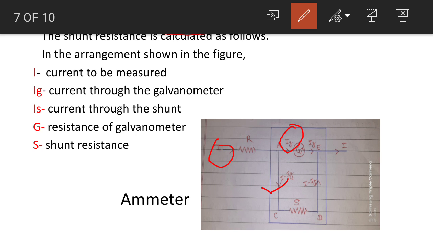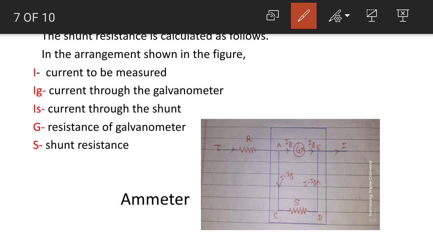Capital G is the resistance of the galvanometer, and S is the shunt resistance.